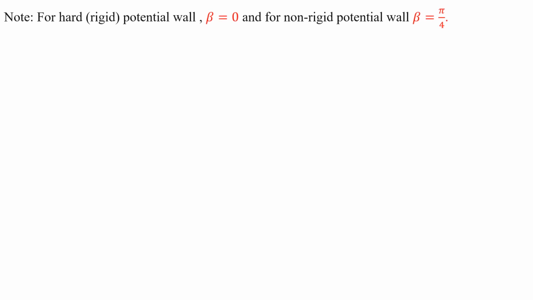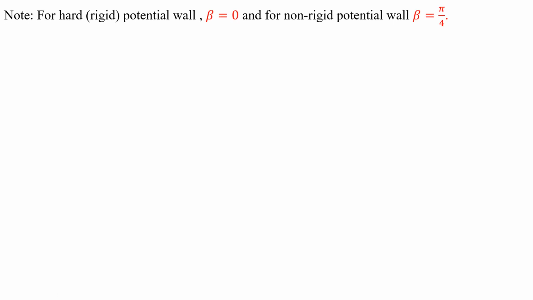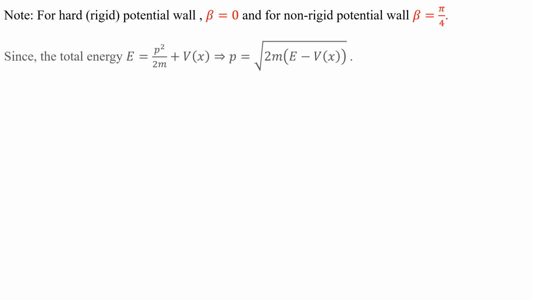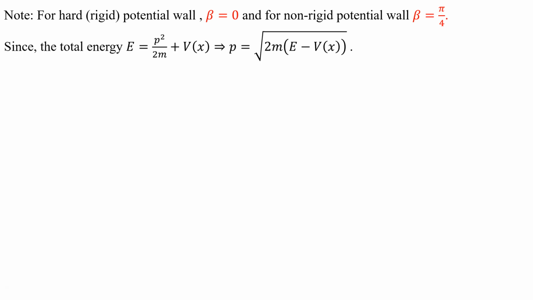Note: for a hard rigid potential wall, beta equals 0, and for a non-rigid potential wall, beta equals pi by 4. Since the total energy E equals p squared by 2m plus V of x, the momentum p equals square root of 2m times (E minus V of x).